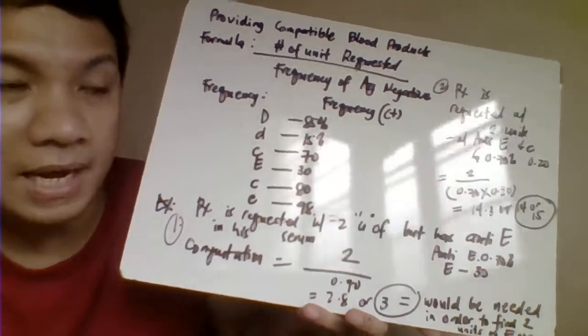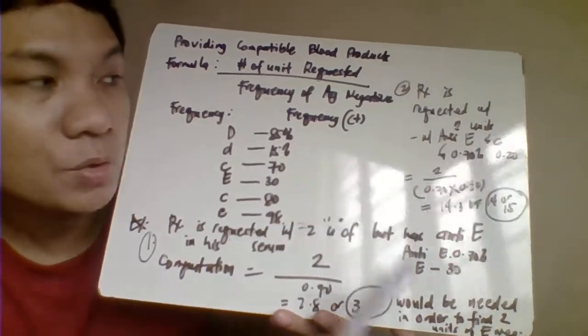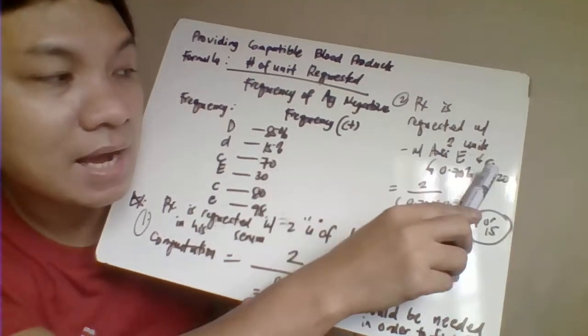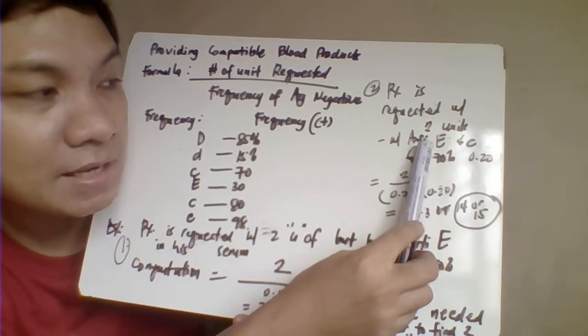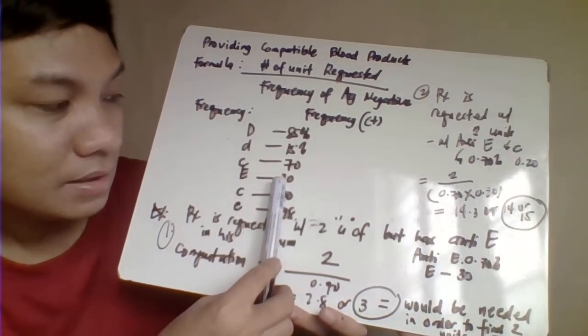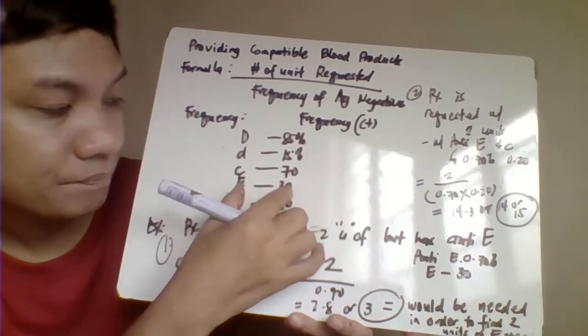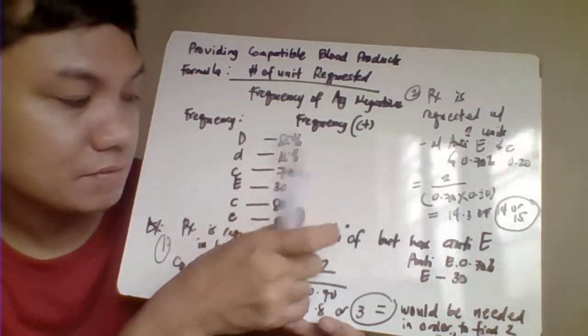Pero pag dalawa ang hinahanap, like this one, the patient has been requested with 2 units, pero meron siyang dalawang antibody, anti-E, saka anti-C na maliit. So, ito, since ang ating frequency nito na positive sa kanila is 30%, okay, so again, ang ating hanapin is negative for the E. Okay, kasi may antibody yung recipient natin, so dapat E negative siya.